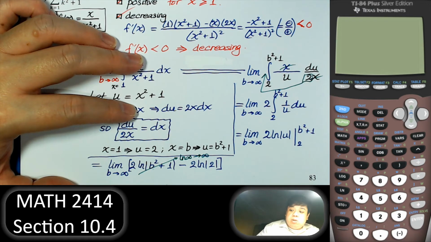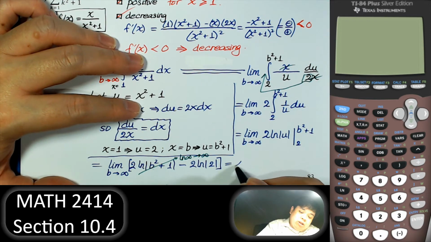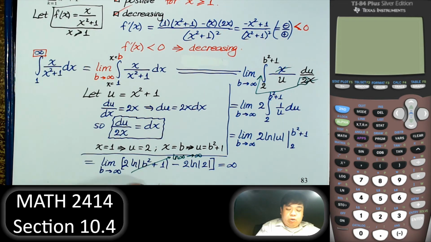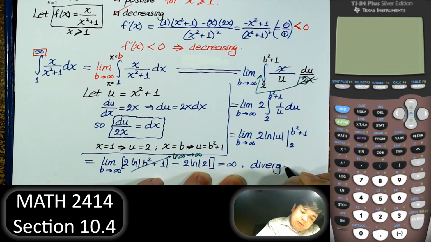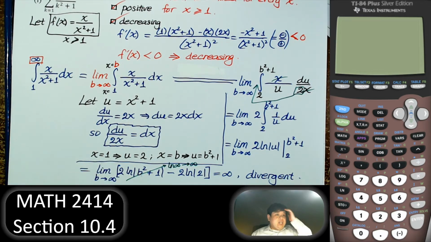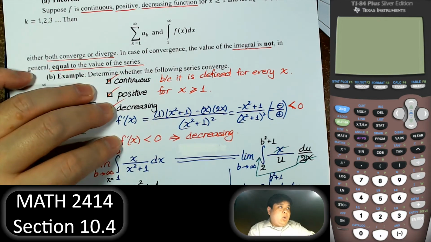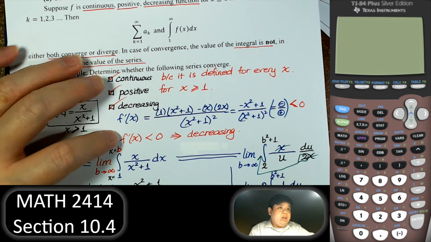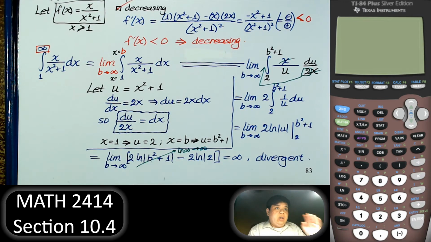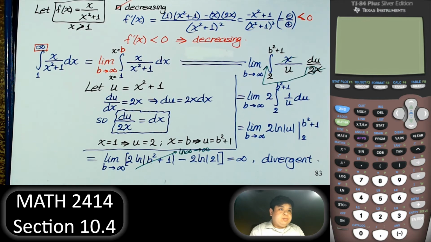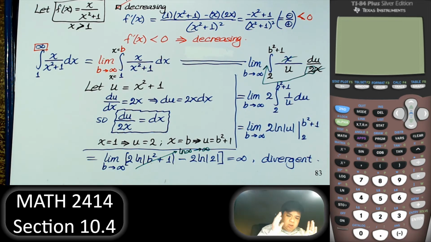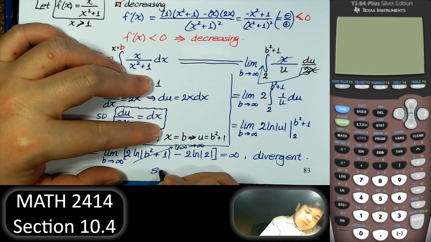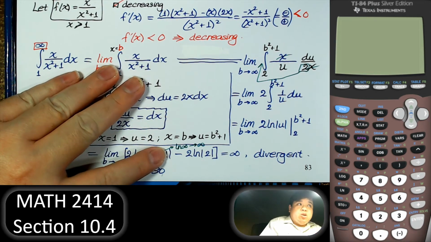Doesn't matter what this number is, this equals infinity. Since the integral equals infinity, we say that it is divergent. But the integral test says that when the function and the sequence satisfy those three things, what happens to the integral will be the same thing as the series, but only in terms of convergent or divergent. We're not talking about the values though. So in this case, divergent. So the series is divergent as well.